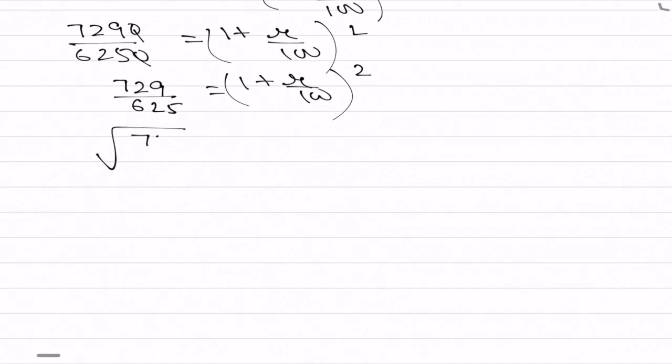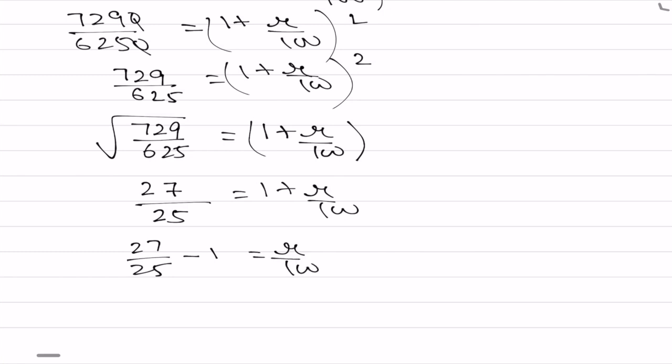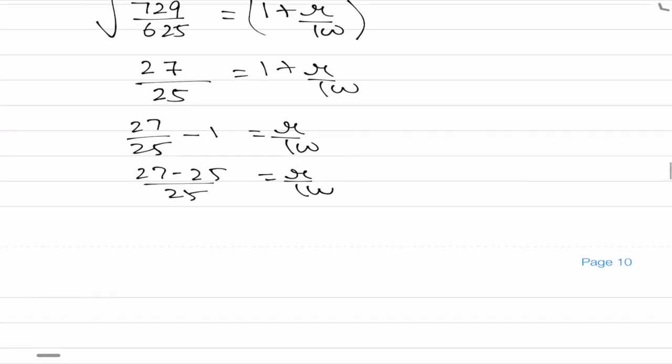If we have to remove the square from this side, on the other side it will be a square root. And we know that the square root of 729 is 27 and of 625 is 25. So we'll shift 1 to the other side and after subtraction we will see that the rate of interest is 8% per annum.